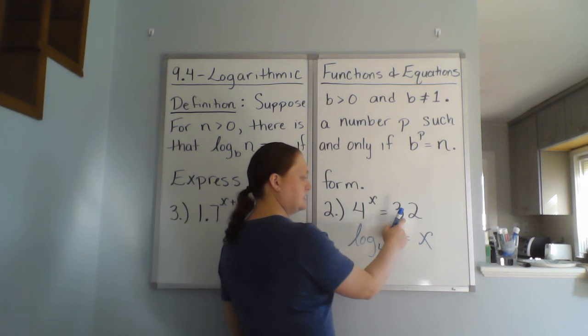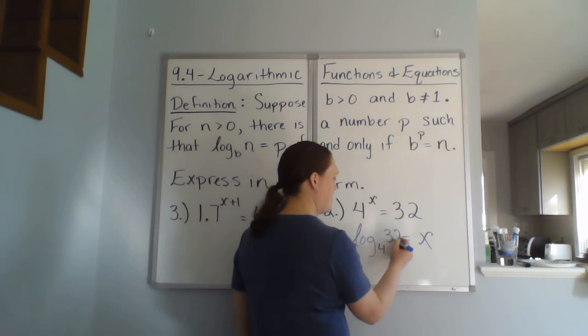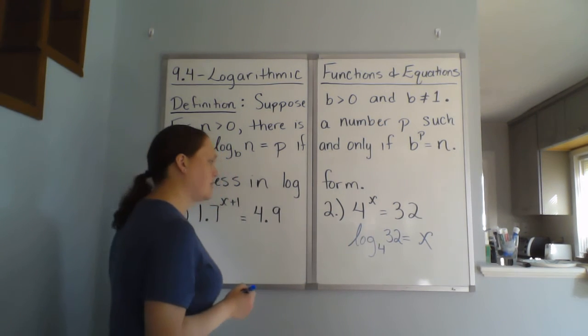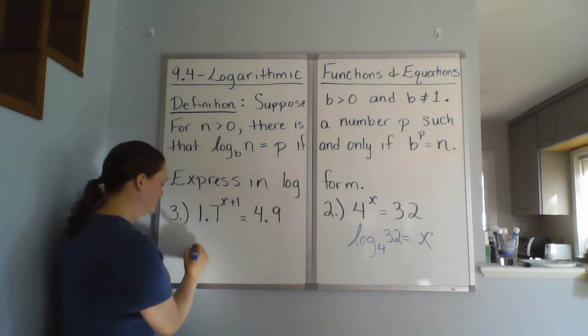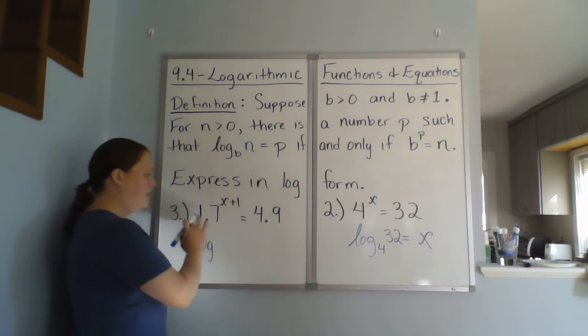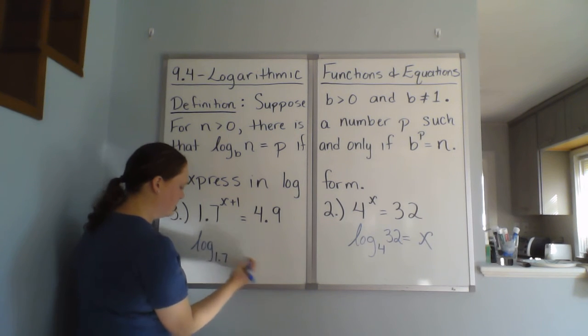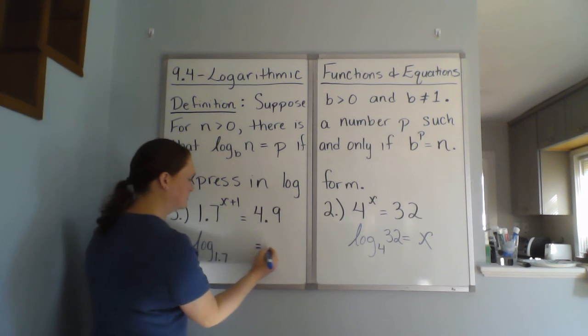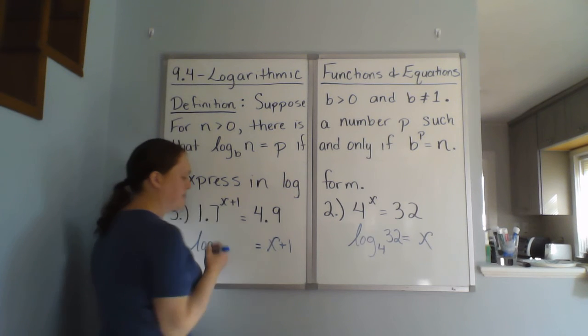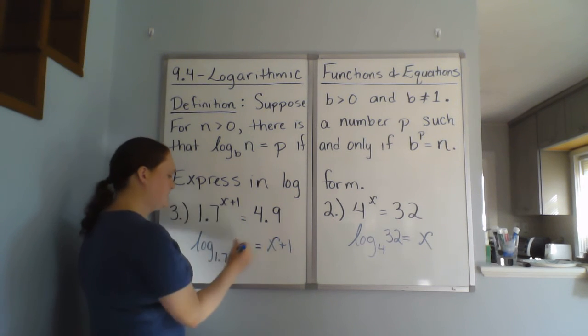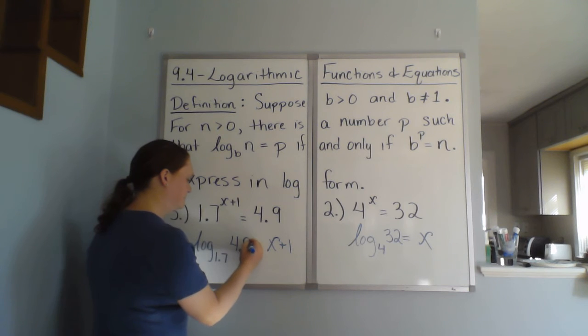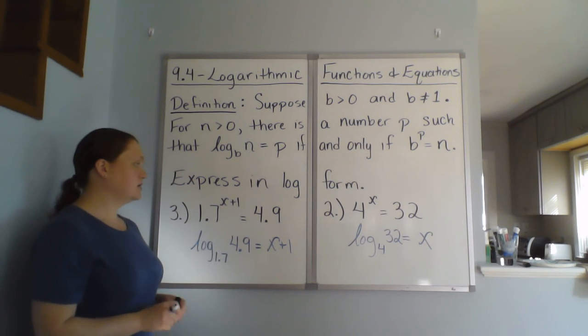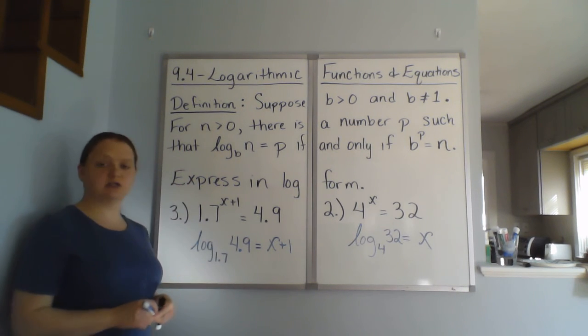What was isolated before, the 32, now goes inside of the logarithm. And for this one over here, the base in the exponential piece is 1.7. The exponent is x plus 1. That's what I'm isolating. And then the number it was equal to goes inside.